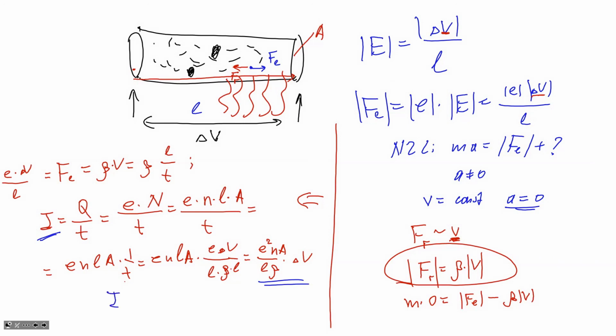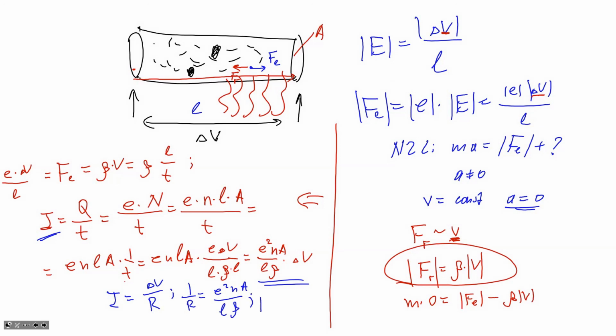So we could say, let's call this combination of variables the conductivity, 1 over R, e squared n A over L beta.